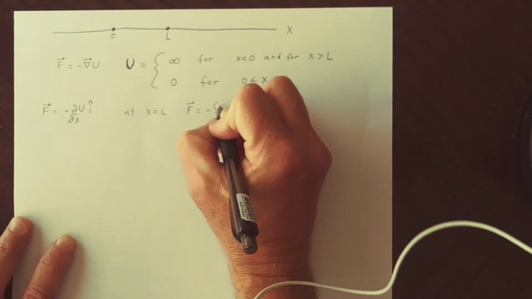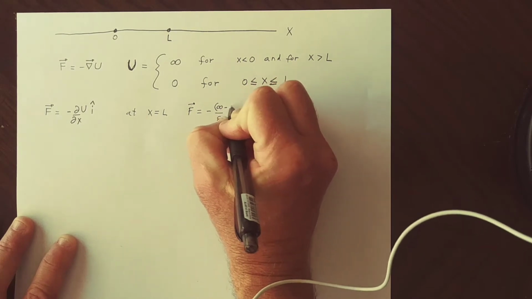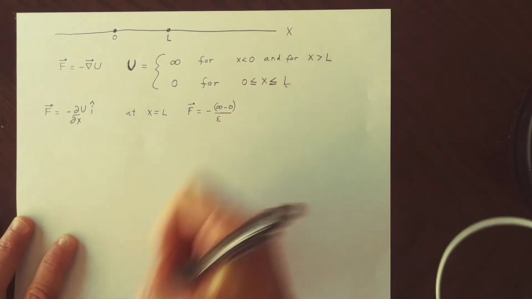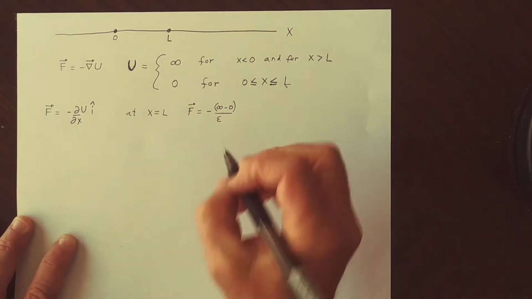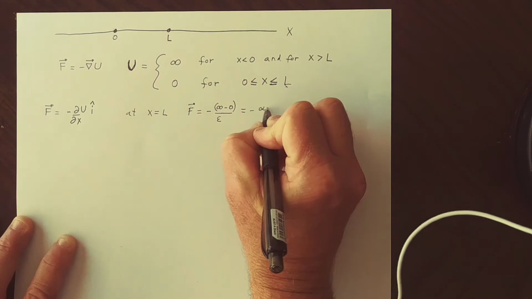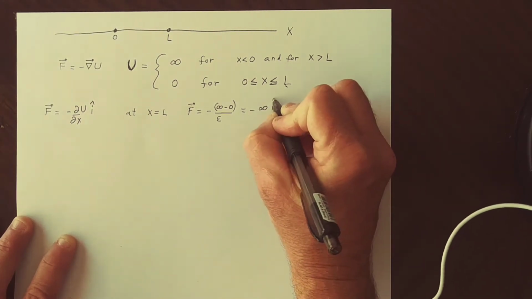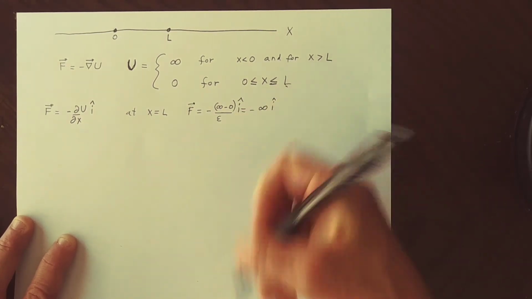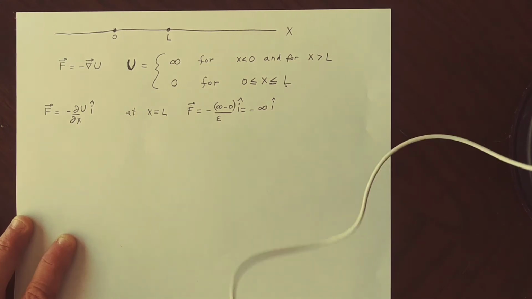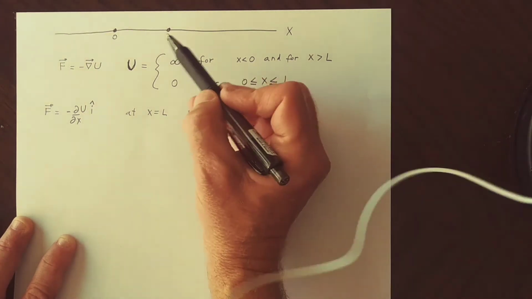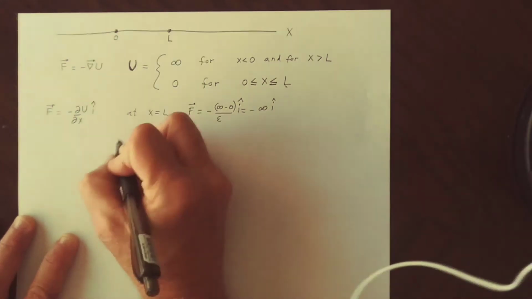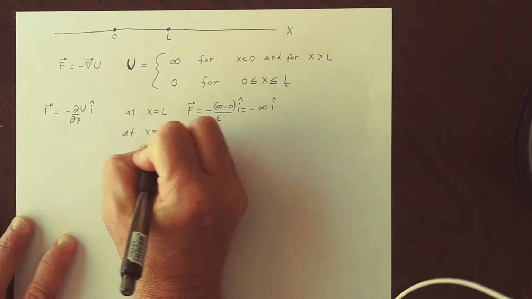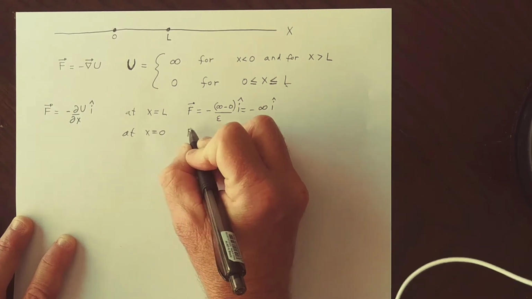So here we're going basically from infinity to 0, and so over an infinitesimal region, we have infinity minus 0, and of course that's minus infinity overall, and we have an i hat here. And so we get an infinite force that over here pushes the particle to the left, forces it to the left, and at x equals 0, we have exactly the opposite, right?